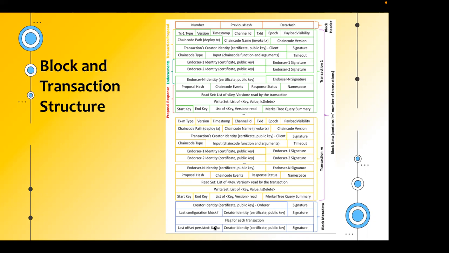Then the last configuration block, creator identity: the identity of whoever created the last block. Then last offset persisted, if any Kafka things are there, that will come. And here you can see signatures are mentioned.